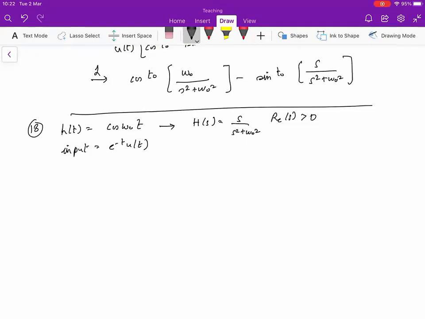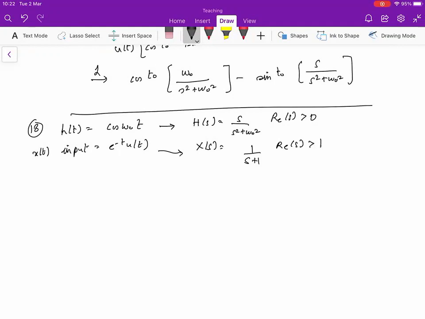And then the input x of t has Laplace transform X of s given by 1 over s plus 1, and real s is greater than minus 1.